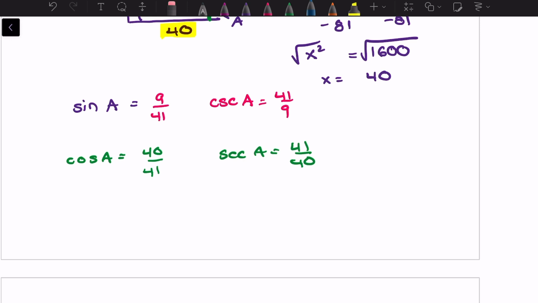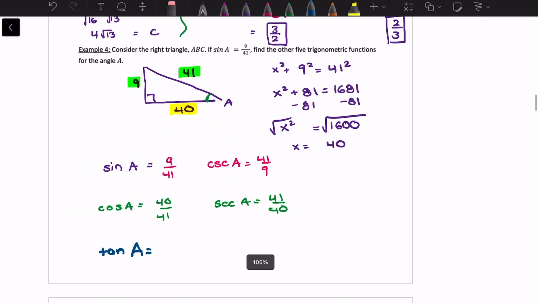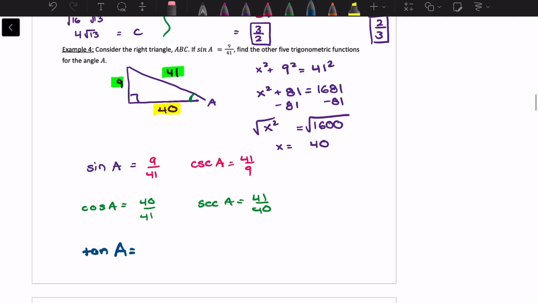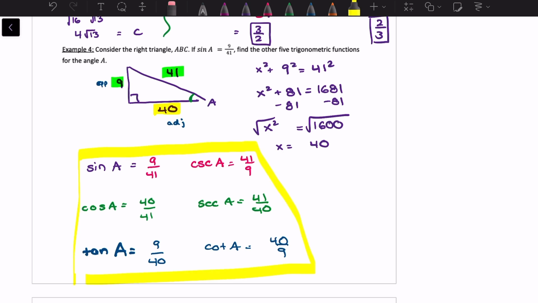And then last, tangent of angle A. Opposite of angle A is 9. Adjacent to angle A is 40. So that's 9 over 40. Cotangent of A is 40 over 9. And that would be our 5 trig functions that we're missing for angle A.